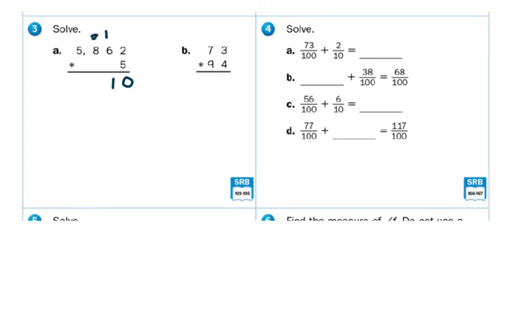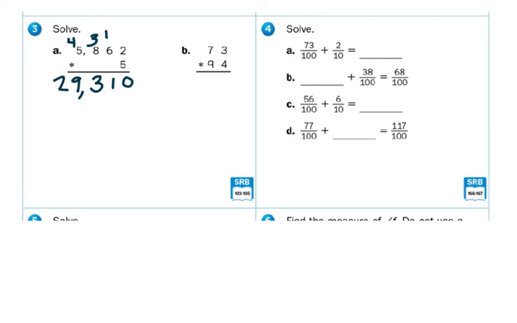Put down your 1, carry your 3. 5 times 8 is 40, plus 3 is 43. Put down your 3, carry your 4. 5 times 5 is 25, plus 4 is 29. 29,310.